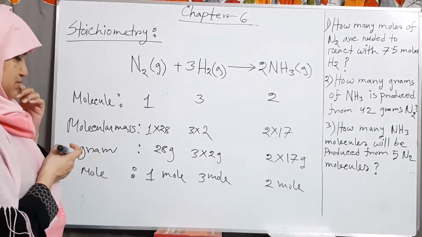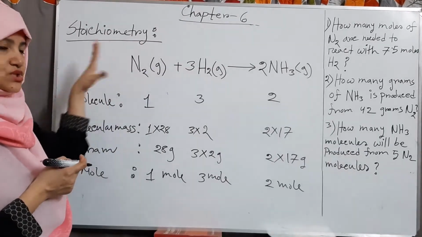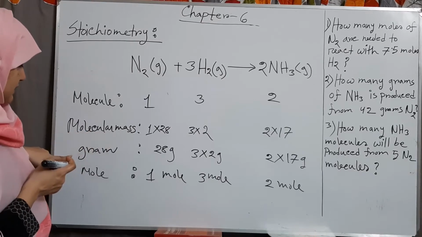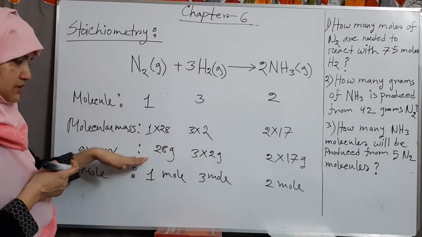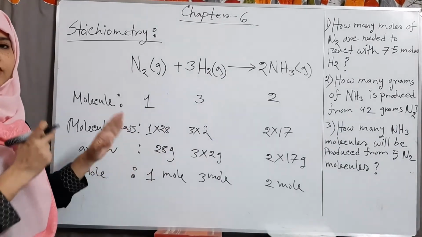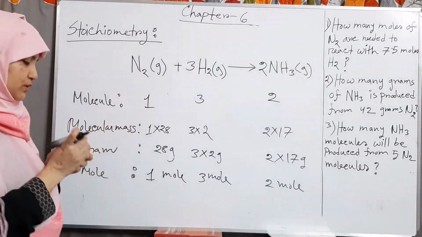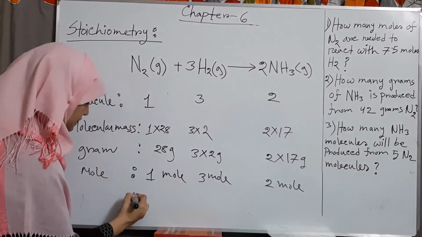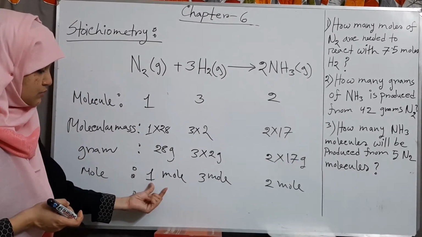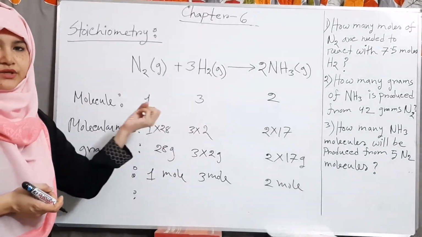Okay students, from this balanced equation we get this information: number of molecules, molecular mass, gram mass, and the number of moles. And also we can get the number of molecules, if we know 1 mole of any substance contains Avogadro number of molecules.